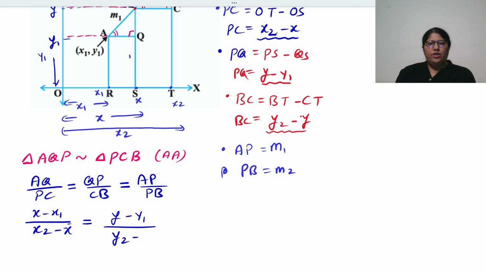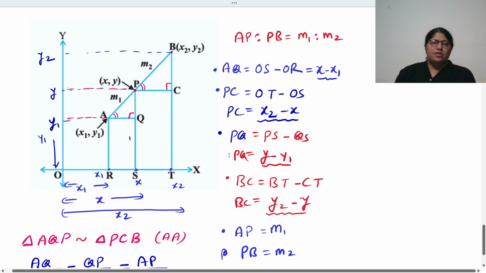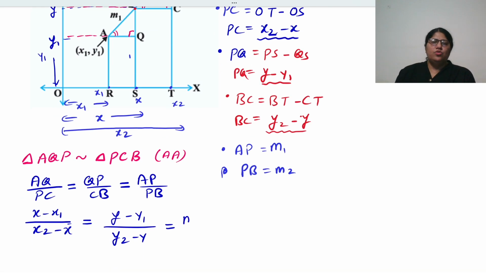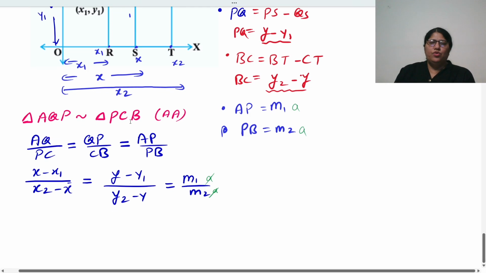So this is Y2 minus Y, and AP to PB is nothing but m1 to m2. We generally take a common factor here because this is the ratio, but that gets cancelled, so you will be left with m1 by m2 only.